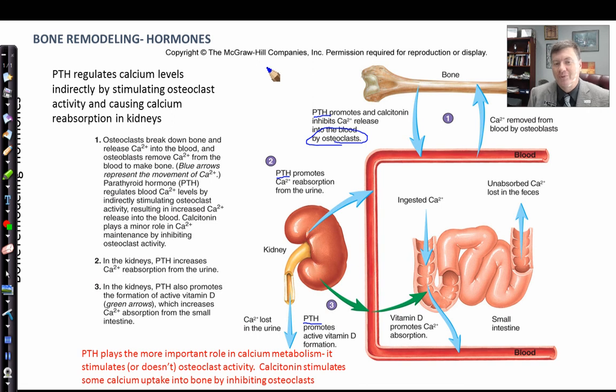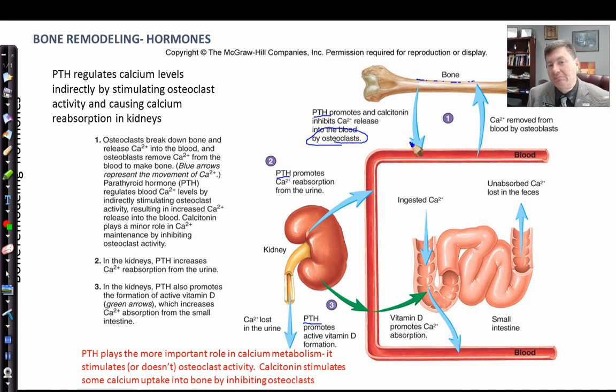Let's say instead of 1.5, it's 1.46. Well, that's going to trigger PTH because the parathyroid is monitoring your calcium levels. It goes, that's not enough. So it stimulates the osteoclast to start degrading the bone and releasing that calcium into your bloodstream.